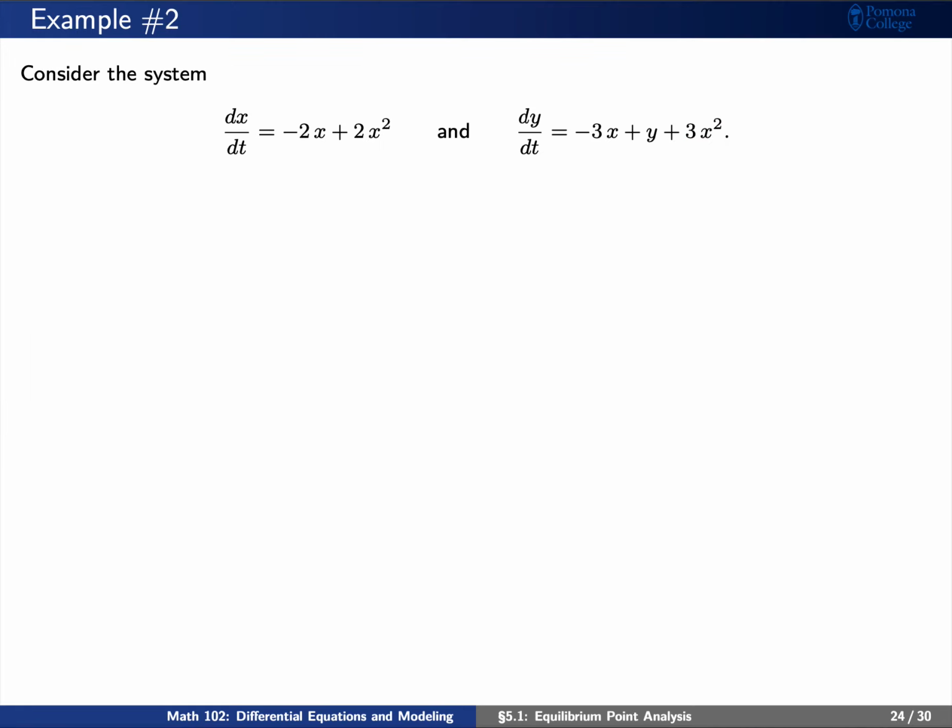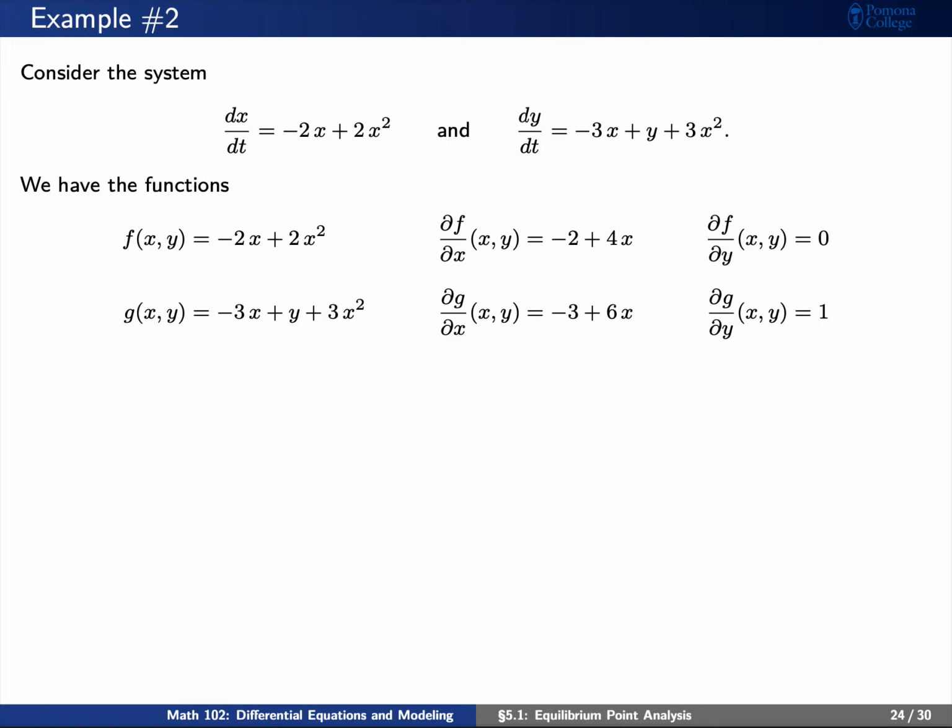As a second example, let's consider the system dx/dt equals negative 2x plus 2x squared, and dy/dt equals negative 3x plus y plus 3x squared. First, we have the functions f(x,y) and g(x,y) as you see, and we can compute their partial derivatives. We find that df/dx equals negative 2 plus 4x, and df/dy equals 0.